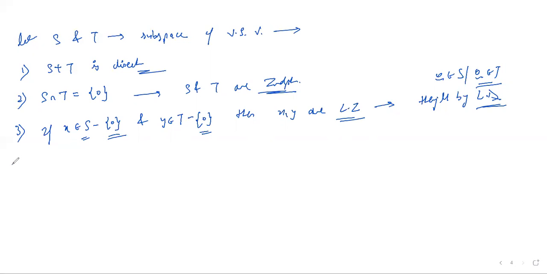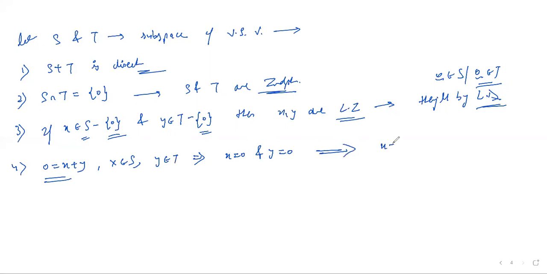We can also define it as: if 0 equals x plus y, where x belongs to S and y belongs to T, then x equals 0 and y equals 0. Why am I saying this?